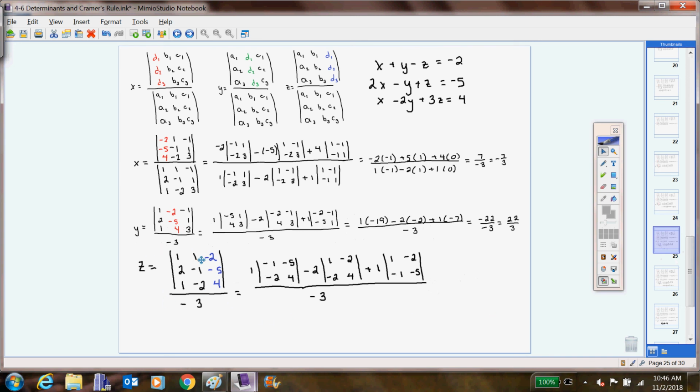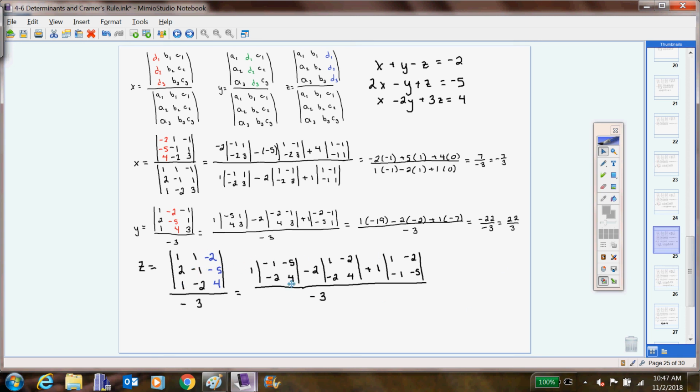And then tackling z in the same way. Same process, negative 3, same denominator, no problem. But you're replacing that z column. Same process, 1 times the determinant of this minus 2 times the determinant of these plus 1 times the determinant up here.